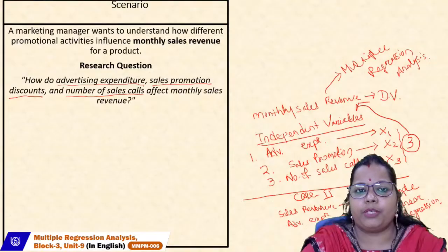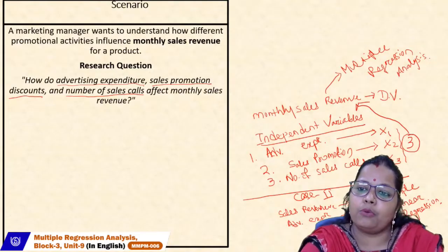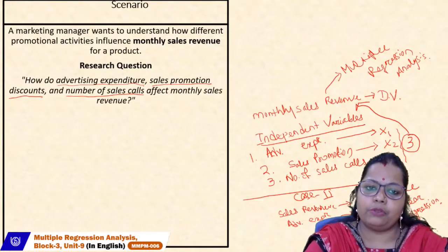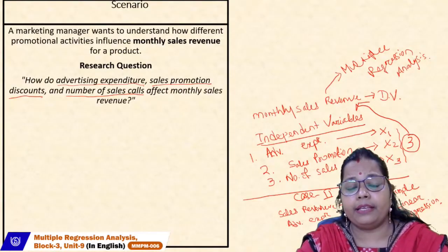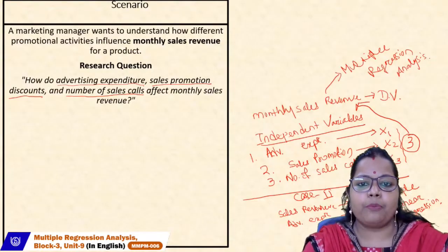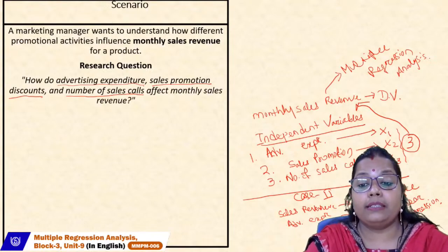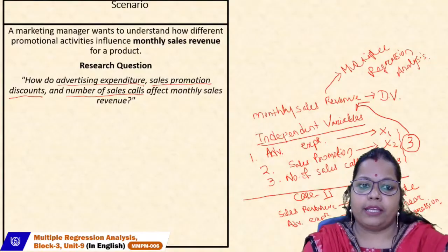So that is the difference between the multiple and linear regression, and this is the way we identify the list of independent variables in the problem or research questions, so that it will be easy for the researcher to collect the data in that direction.